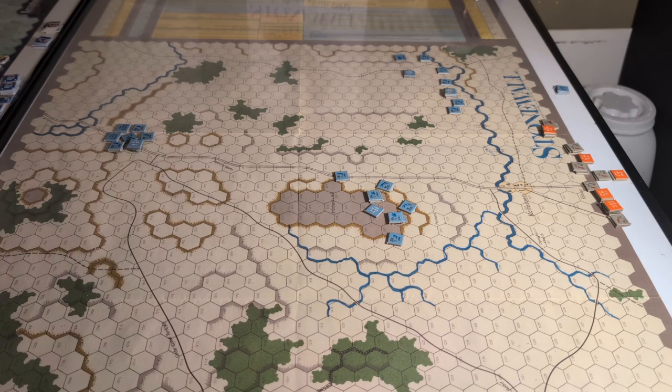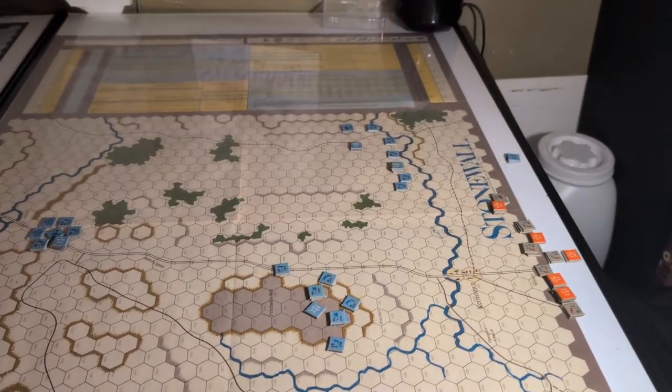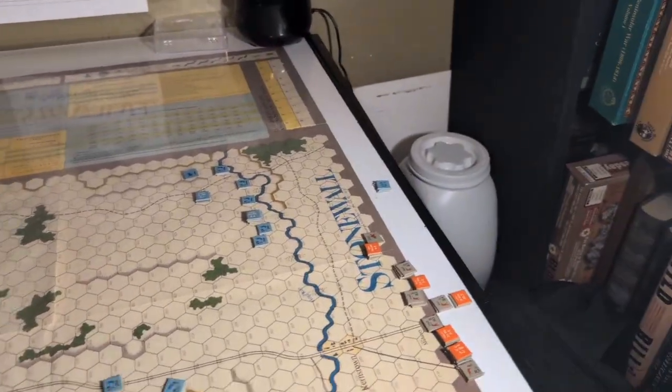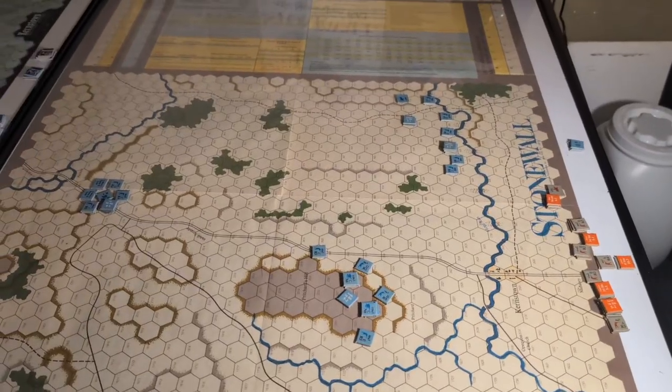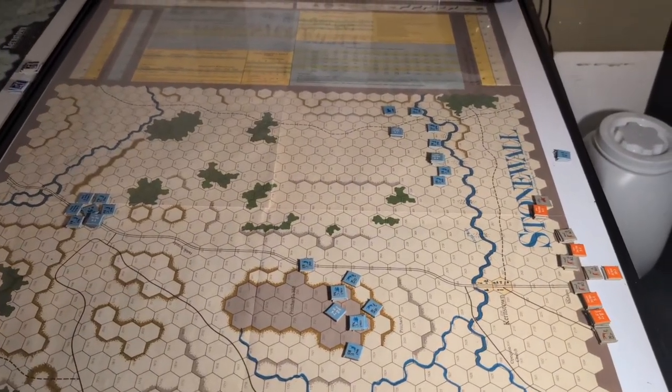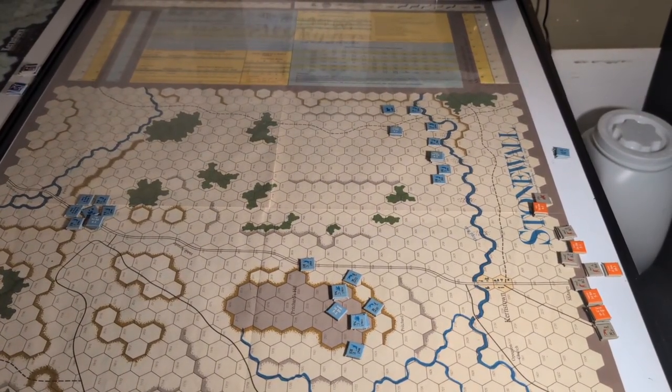So, we've got to see the turn. Let's see here.